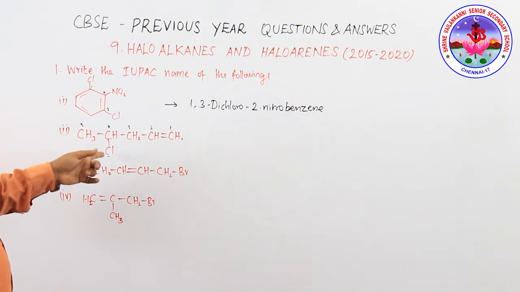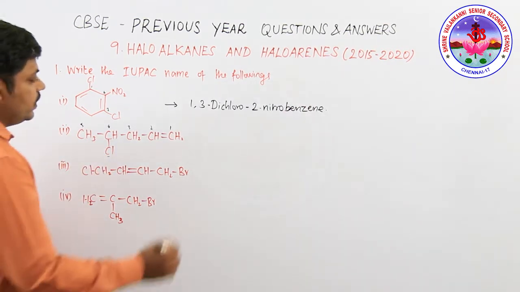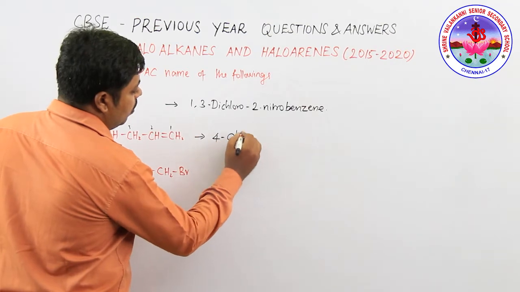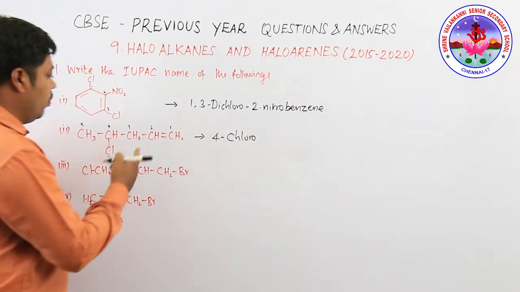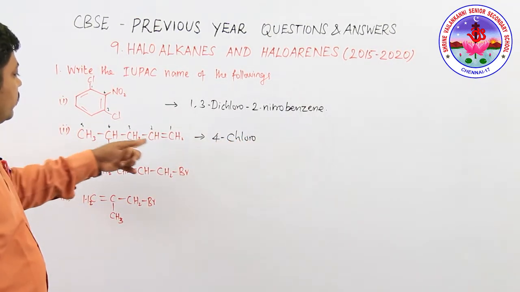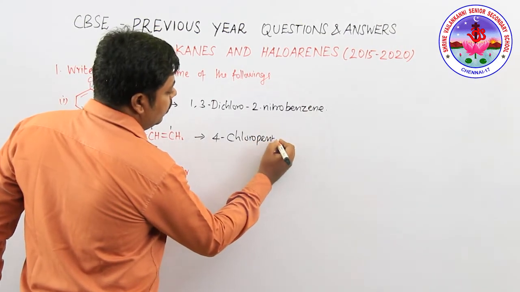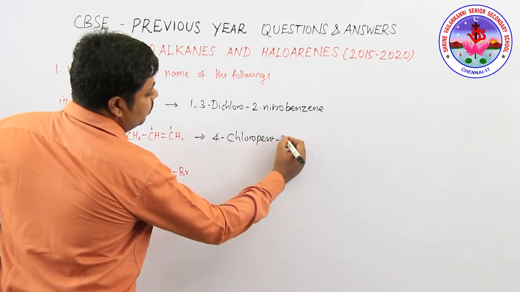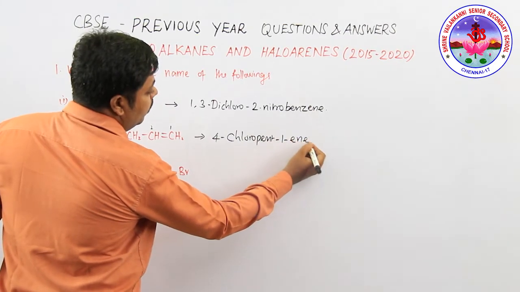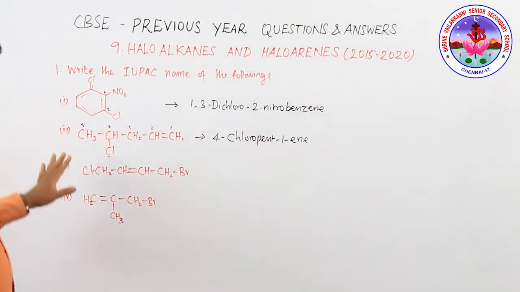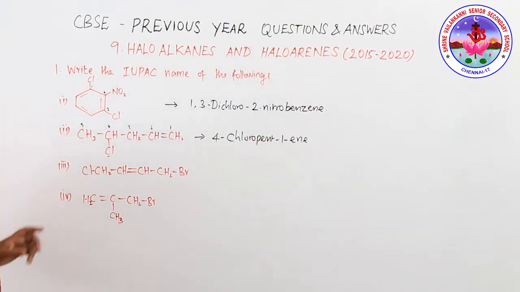Now the fourth position has chloro, so write 4-chloro. The word root is pent. So 4-chloropent, and the first position has the double bond, that is why 4-chloropent-1-ene. So this is the IUPAC name of this compound.